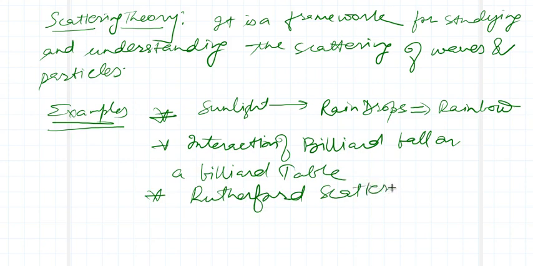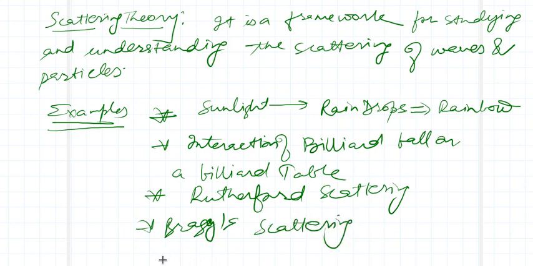It's a very classical problem of scattering, and using this scattering theory we are able to give the idea of nuclei, and using this experiment people tried to find out the size of the nucleus, and that's the advantage. Then Bragg scattering and so on. There are so many. Compton scattering is another example. There are so many examples, right?